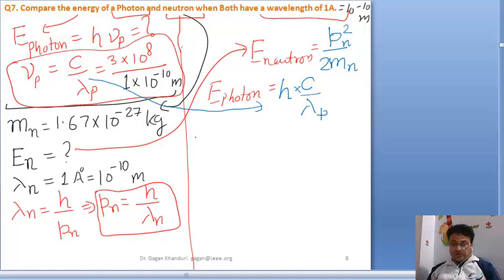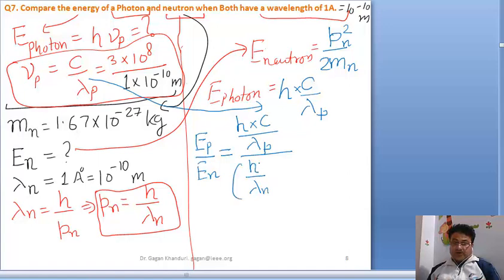Because we have to compare the energies, let's write energy of photon by energy of neutron. Energy of photon is h into c by lambda of photon, by energy of neutron, which is Pn square by 2 into m into n, where Pn is h by lambda of neutron, squared.